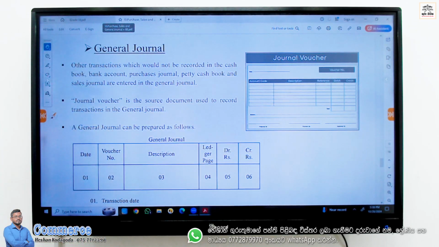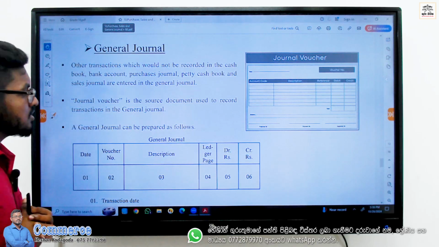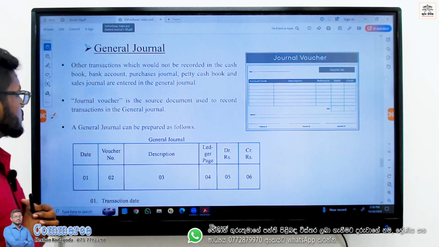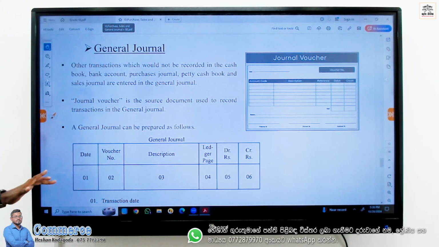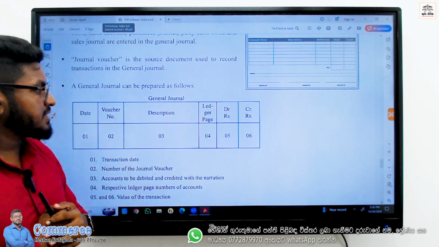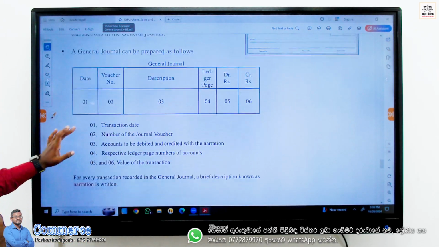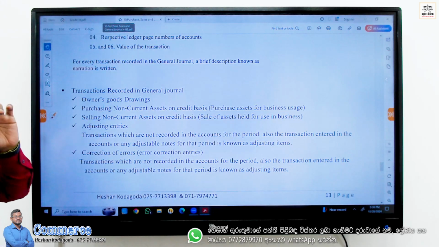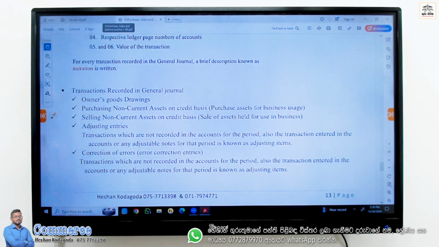The journal voucher is the source document used to record the transaction in the general journal. You know, date, voucher number, description, ledger page, debit and credit. We write the narration as the description. What are the transactions? There are 6 types of transactions. Everything I said is given here.